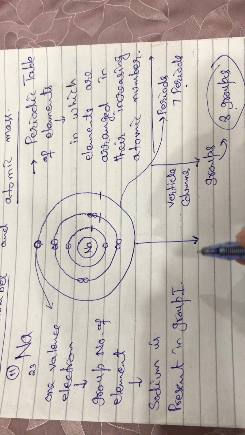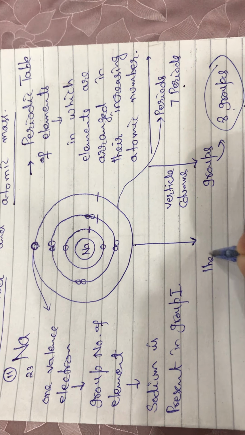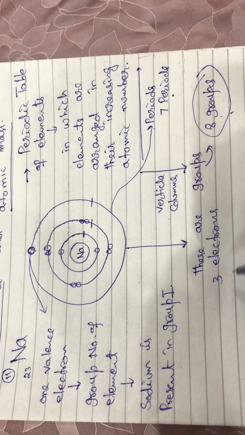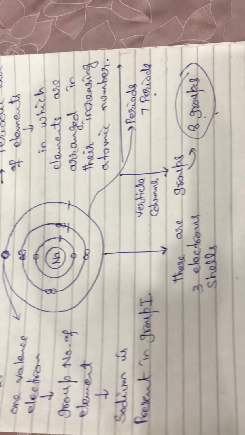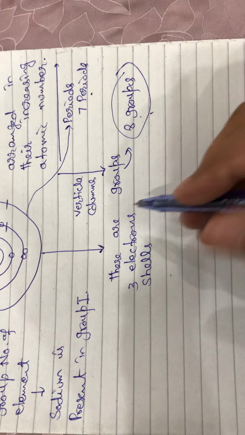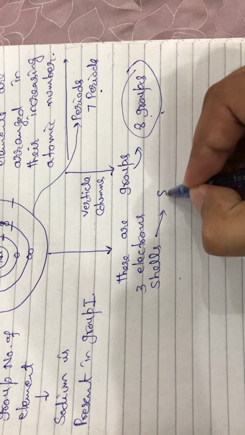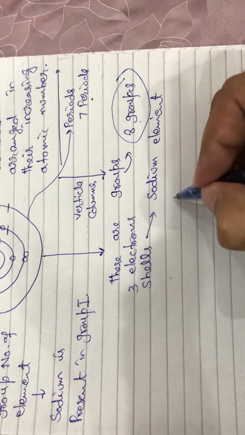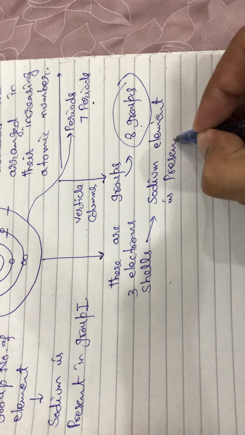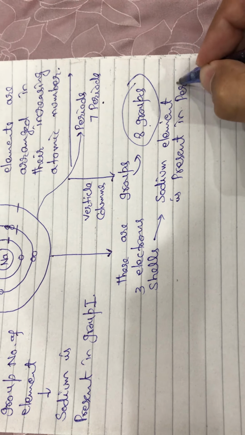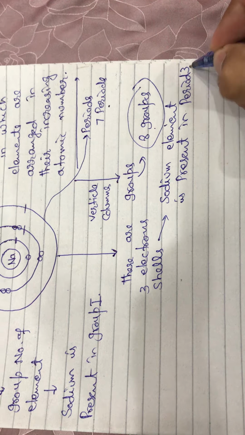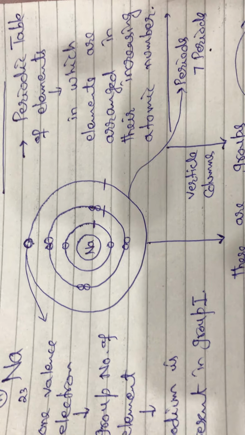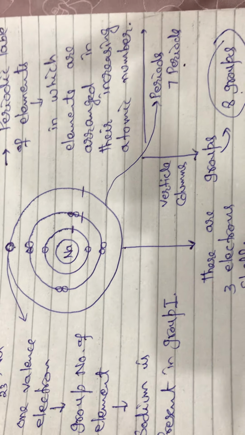The electronic structure is occupied in 3 electron shells, so we can say that the sodium element is present in period 3, or the third period.